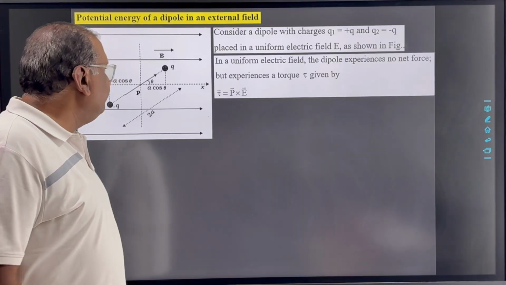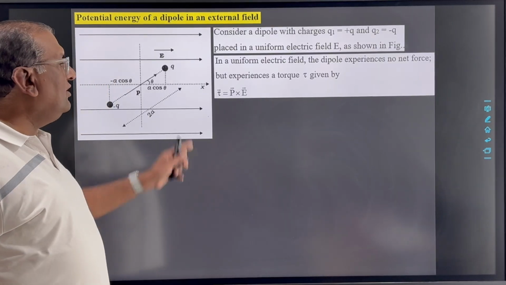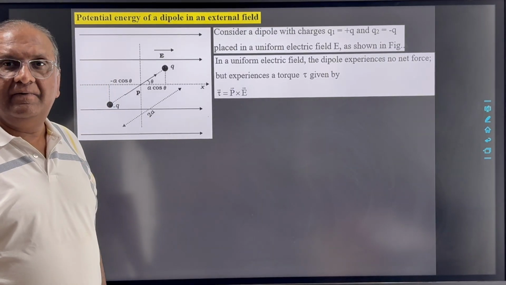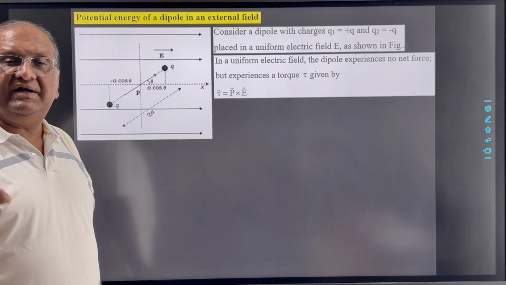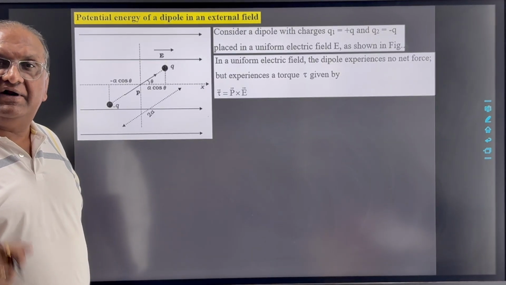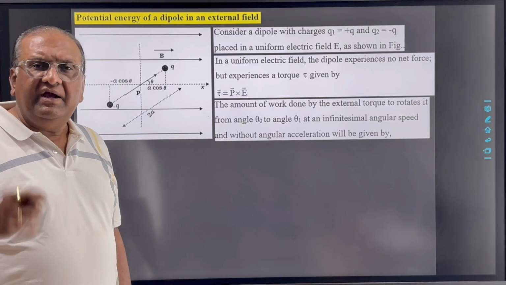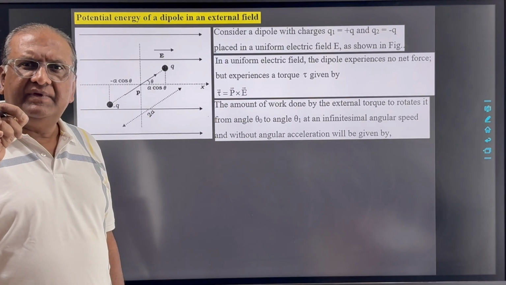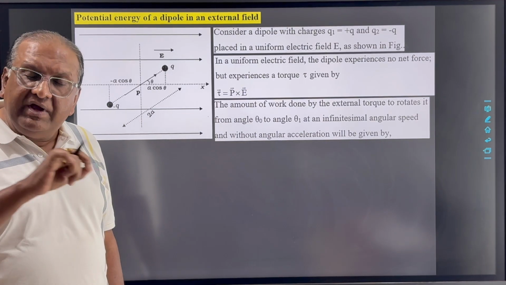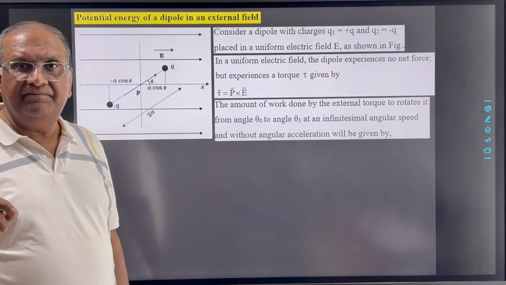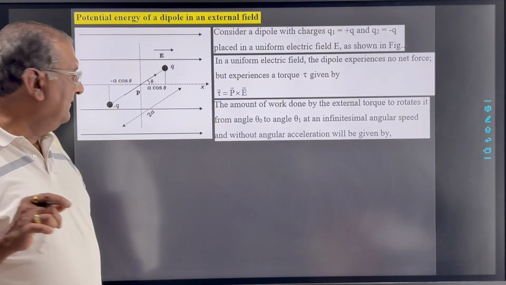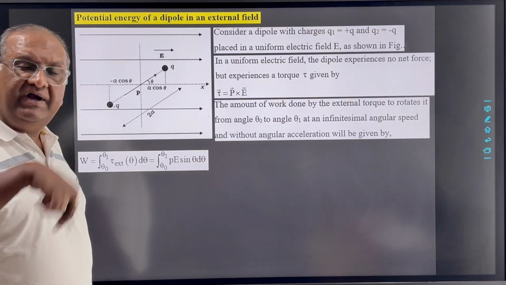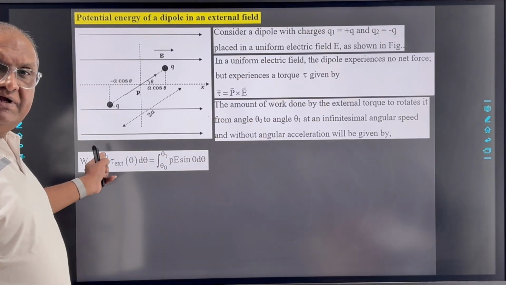Now here, the work done to rotate the dipole from angle theta 0 to angle theta 1 with infinitesimally small angular speed and no angular acceleration is given by W equal to the integration from theta 0 to theta 1.